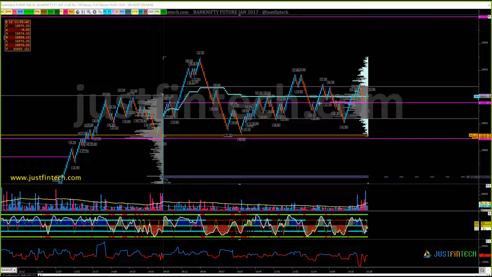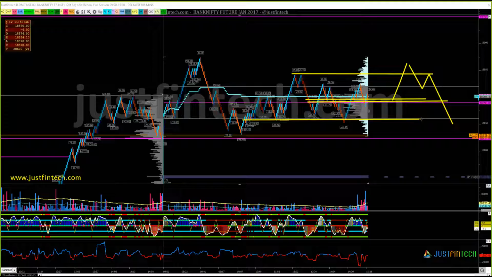The second scenario is it opens into the day mid or the fairest point and then decides where it wants to go. It goes above this, just above this, and fails. It stays within the range, again tests back, returns back, goes to the lows, breaks this double lows, because there is still the day low below that.